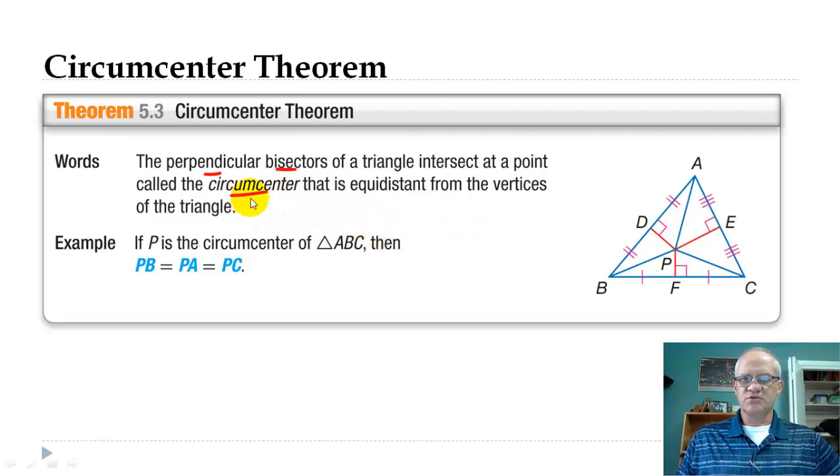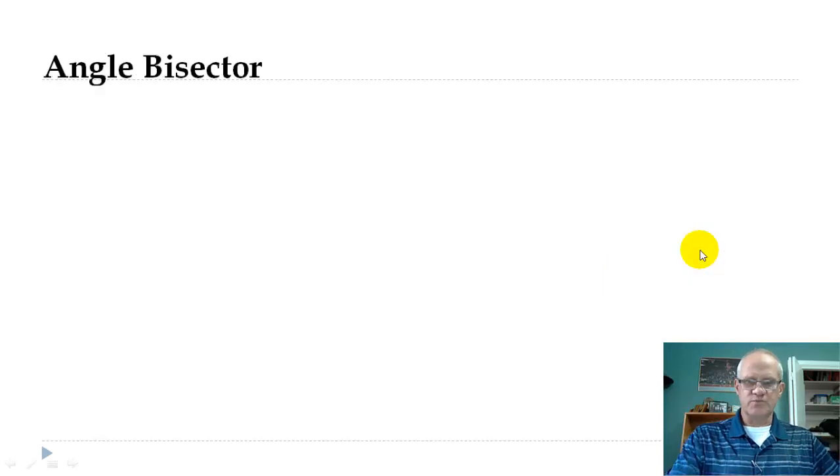The cool thing about the circumcenter is that the point is the same distance, which are the lines in blue, from P to A, from P to C, and from P to B. Those are all equal. So if that comes up, I'm not going to do an example today, but you could make those things equal to solve an equation, okay?